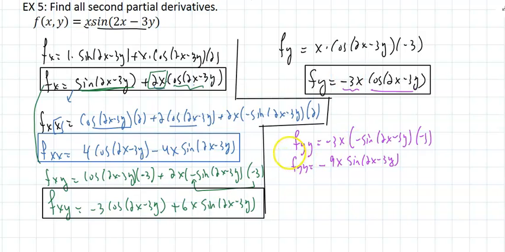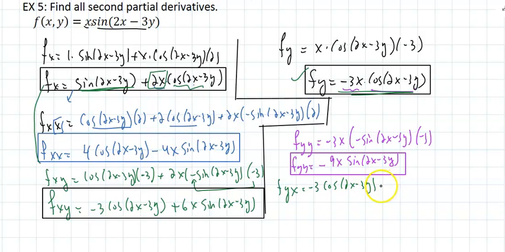That takes care of this. And to find f sub yx, I need to take a derivative of this with respect to x, the product rule. Derivative of the first times the second plus the first times the derivative of cosine, which is the sine of 2x minus 3y times the derivative of the argument, which is a negative 3.